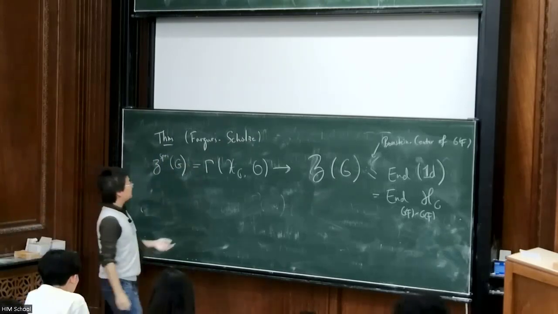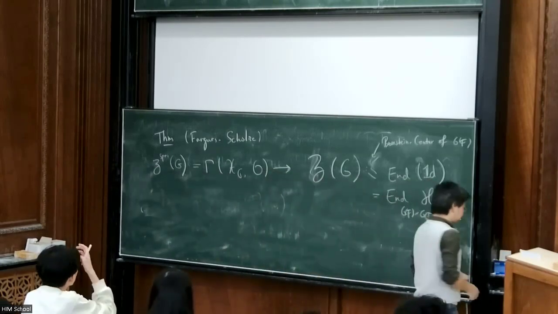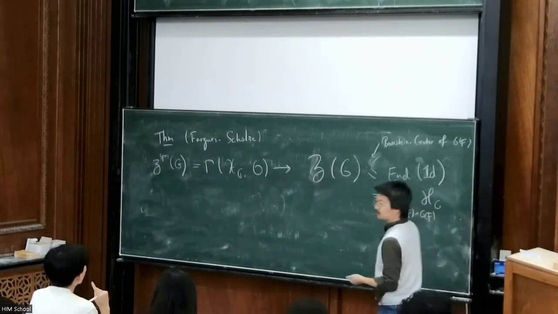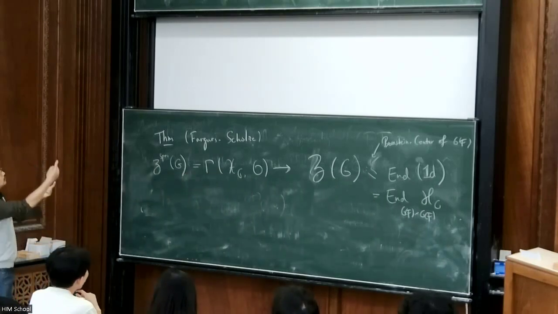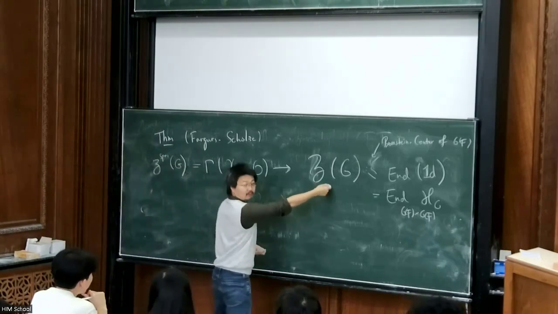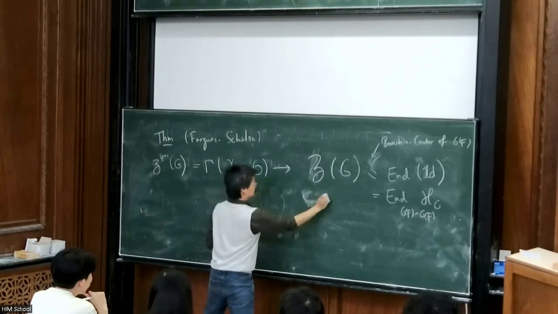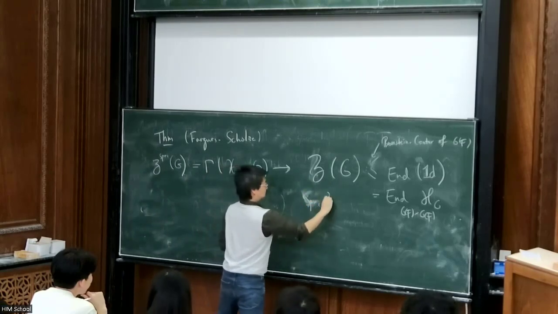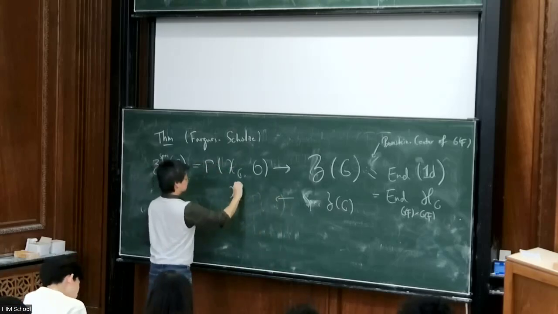So once you have such a map, you can already assign the so-called semi-simple Langlands parameters for representations. Say if you have a representation that has a central character, I mean this map goes the other way. It goes from the spectrum to the GIT quotient.